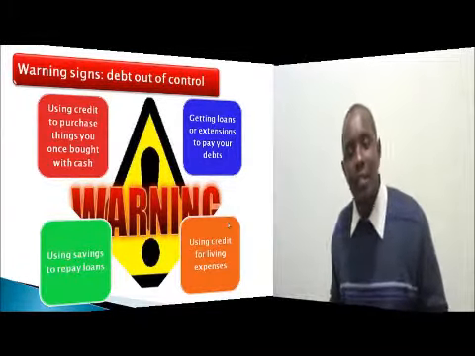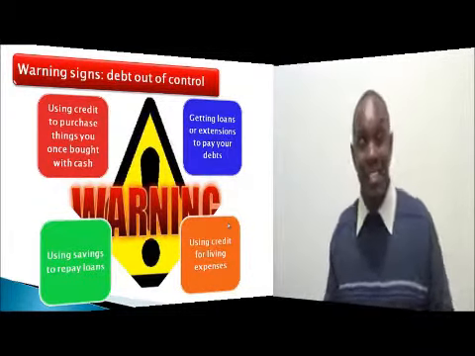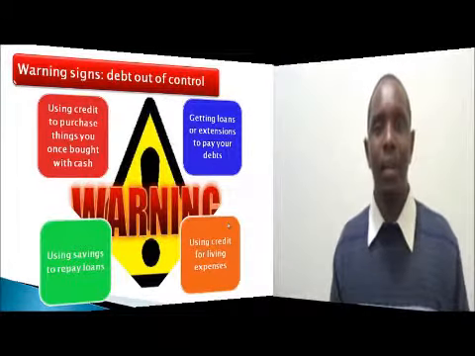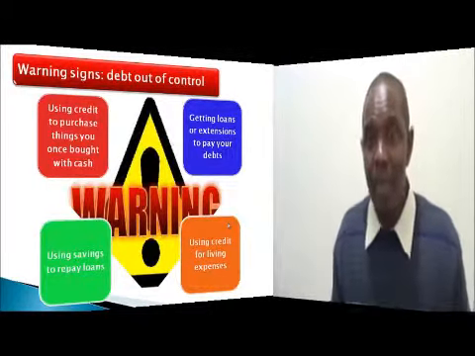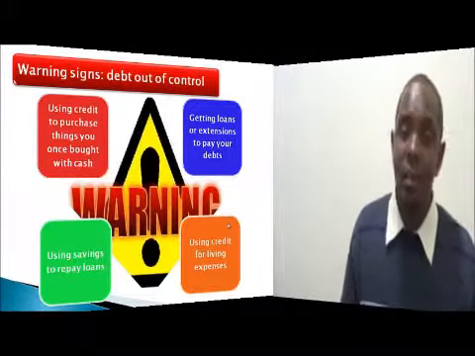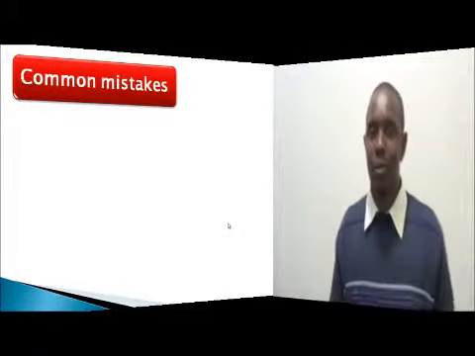Then using credit for living expenses, that's another sign. If you can't even sustain yourself to pay for the basic needs and some of the discretionary needs, then that's a warning sign that your debt is getting out of control.